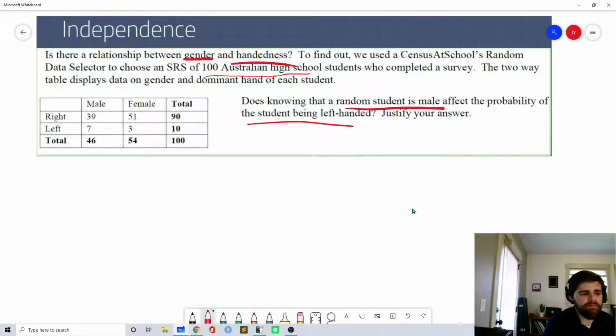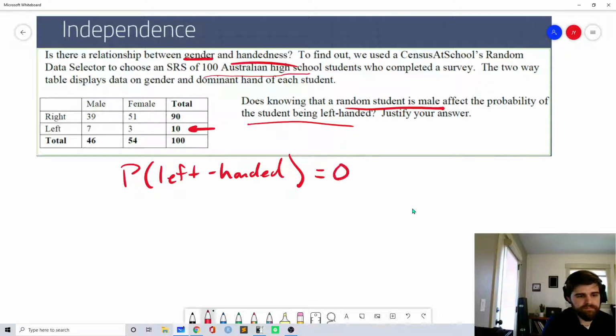So we need to look at a couple things here. What's the probability that a student is going to be left-handed? That's the first thing we're going to ask. If we look at our data here, we see that 10 out of 100, or 0.10 of students are left-handed, right? We look at all the students, 10 out of 100 are left-handed.